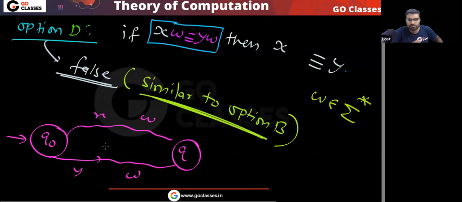Agree? Does it mean that on X, Y you will go to the same state? No, it does not mean that. For example, maybe on X you are going to state 1 and on Y you are going to state 2. You can notice on X, on Y, you are going to different states. So if XW, YW go to the same state, it does not mean that X, Y go to the same state. So similar to option B, this option D is also false.